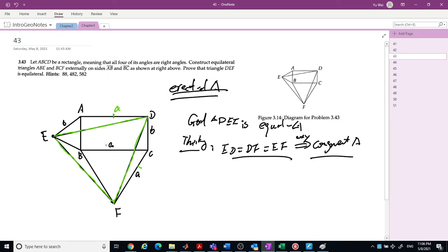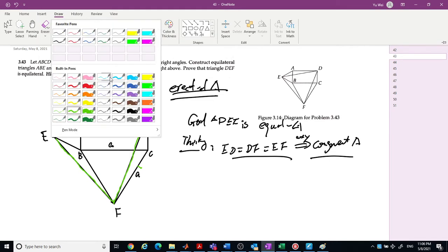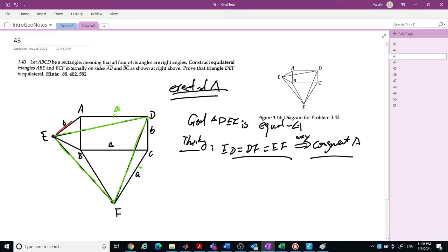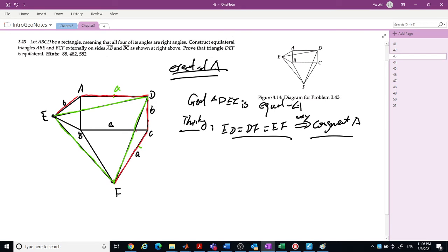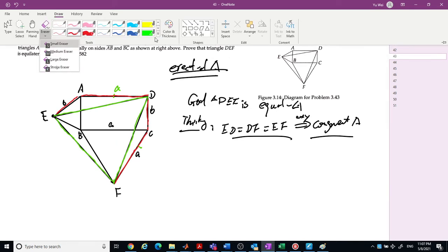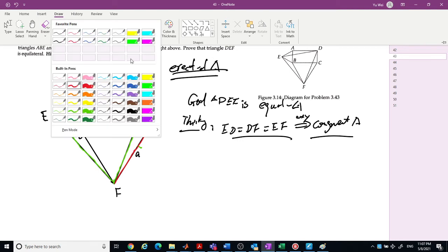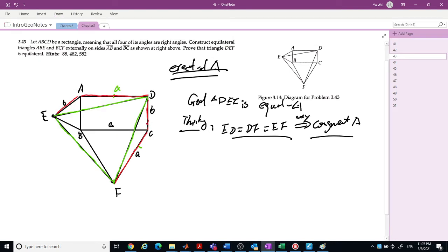Let's draw one triangle using these sides and these sides. So you already have these two triangles, you already have A and B. The rest is to prove this angle equals this angle. It's very obvious: this angle is 90 plus 60, and this angle is 90 plus 60.